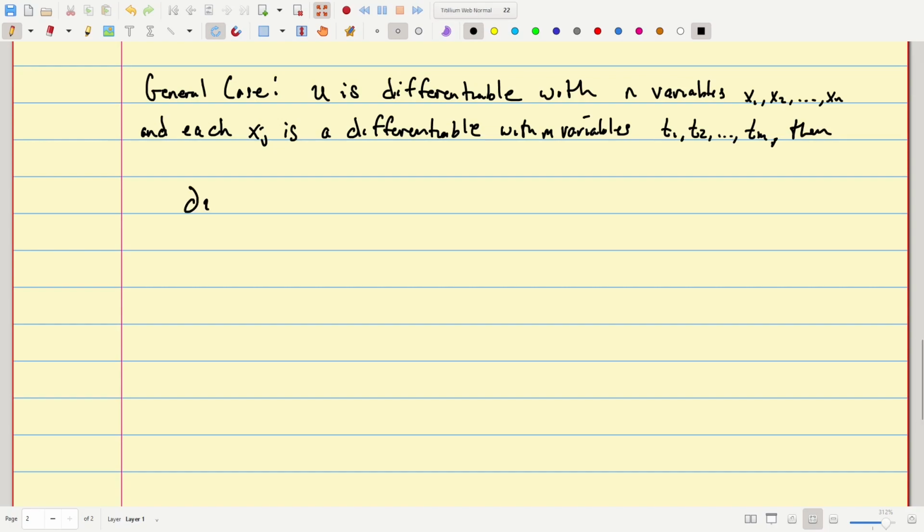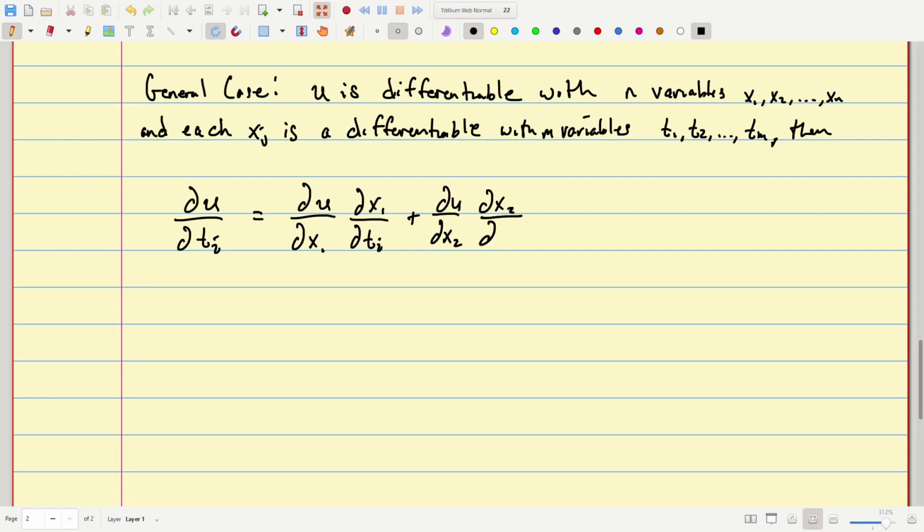Then, when I talk about the partial derivative of u with respect to the ith t, this is going to be equal to the partial derivative of u with respect to x1 times partial x1 partial ti, plus partial u partial x2 times partial x2 partial ti, all the way up to the last one.